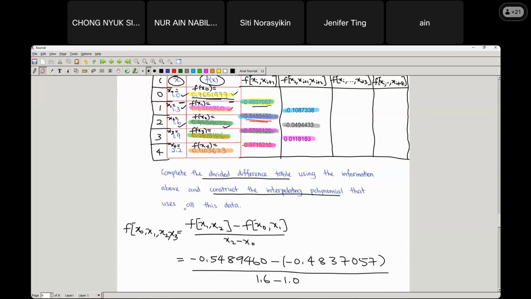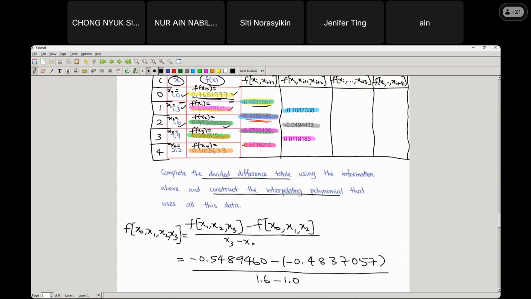I start from x1, x2, and then I want to add one more. So I have f[x1, x2, x3] minus f[x0, x1, x2], divided by x3 minus x0.